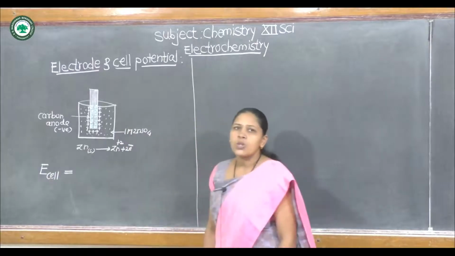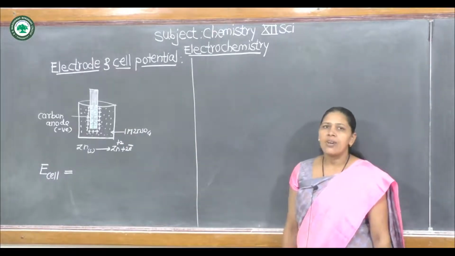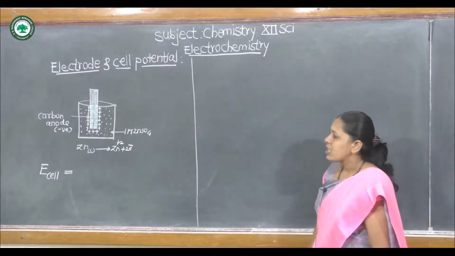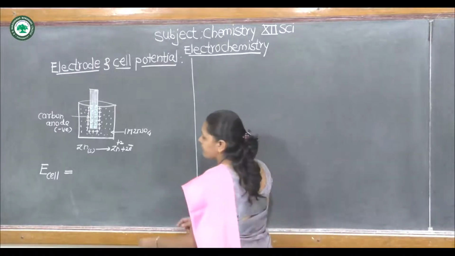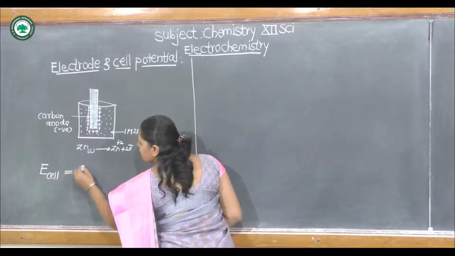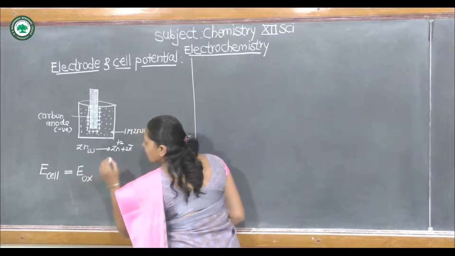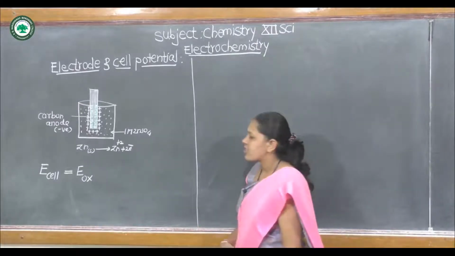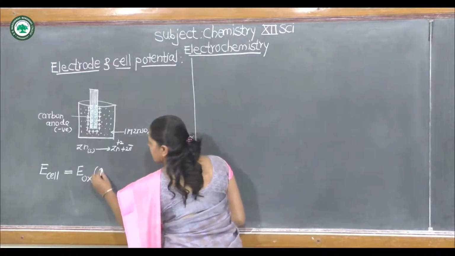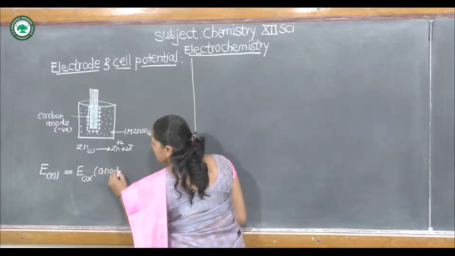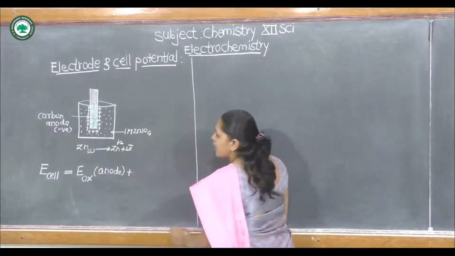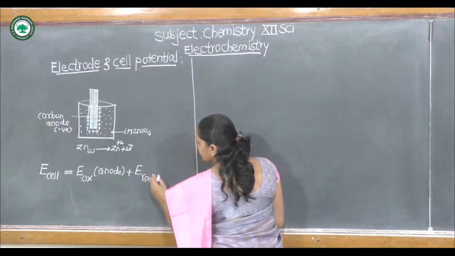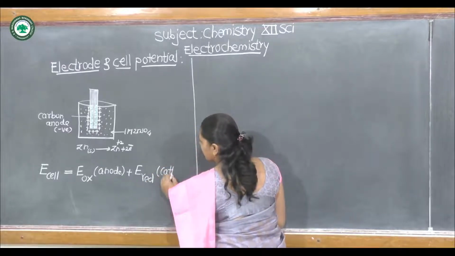E cell is equal to, we know that in a galvanic cell two half cells are present, therefore E cell is equal to the electrode potential due to the oxidation reaction which takes place at the anode plus the electrode potential due to the reduction reaction at the cathode.